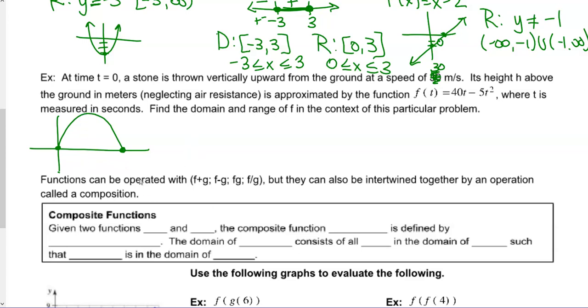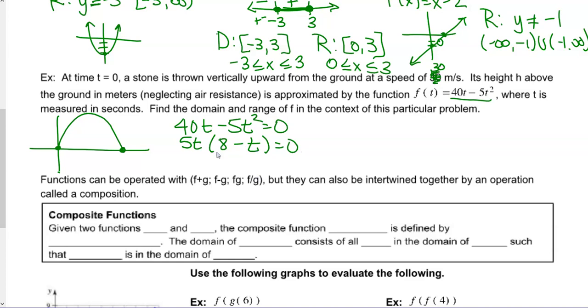So how would we figure out where these times are? Well, I would need to be looking for t. If I have 40t minus 5t squared, I want to know when that is equal to 0. That's my ground level. So if I want to solve this quadratic equation, hopefully you recall that you must factor it first and then figure out what its factors equal to make it 0. So I'm going to take out the common term, which is 5t, and I'm going to be left with 8 minus t, which we're looking for when it equals 0.